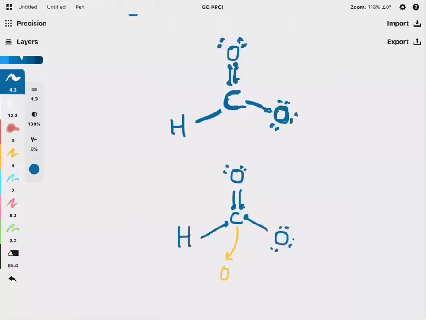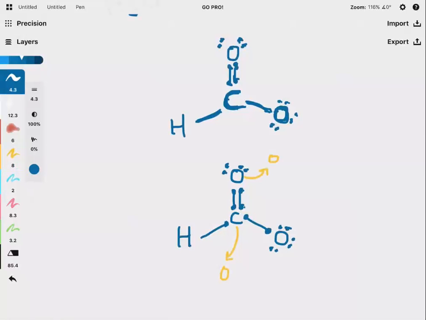What about the oxygen at the top? 1, 2, 3, 4, 5, 6. It's a group 6 element. So that's 0. What about the oxygen on the right? 2, 4, 6, 7.